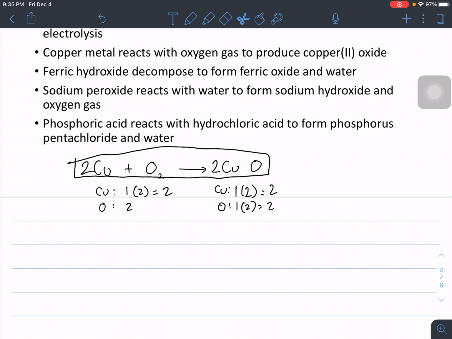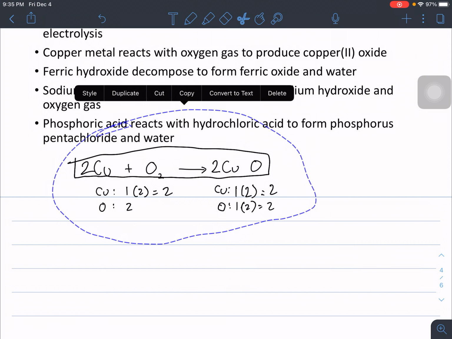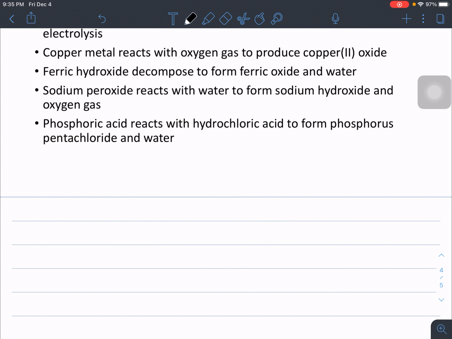Okay, let's move on to number 3. Number 3, ferric hydroxide. Ferric hydroxide is Fe(OH)3. Decompose. So this is also another term to produce.